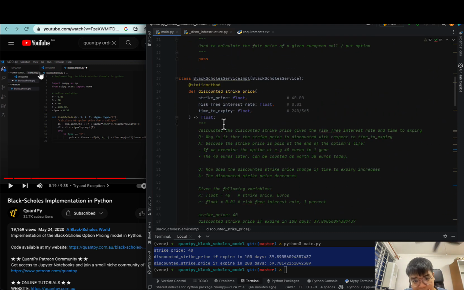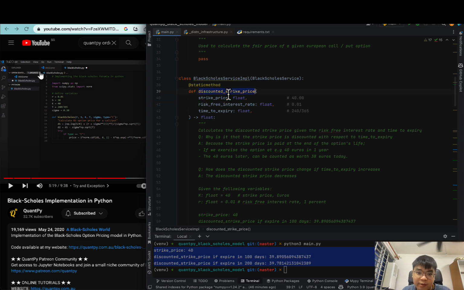So in summary, both the risk-free interest rate and the time to expiry increase the interest that you would get by loaning out the money that you would use to exercise the strike price in maybe 100 to 200 days.